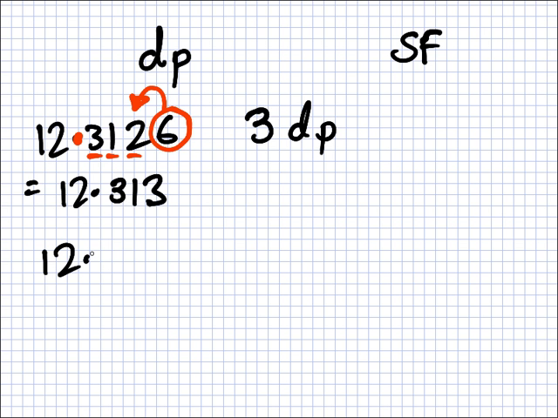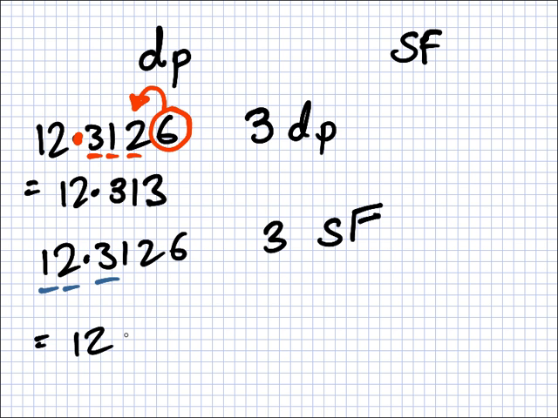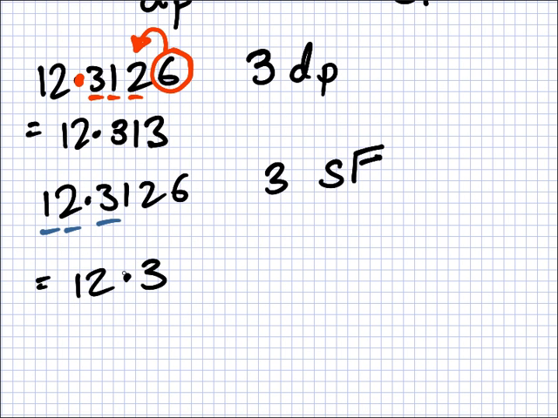If I said 12.3126 3SF, that means you want the first 3 numbers, which aren't 0. So that's that one, and that one. So that becomes 12.3. Okay, that's okay. Yeah, because the next one is a 1.